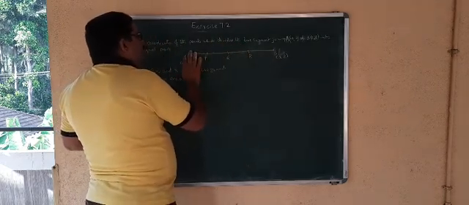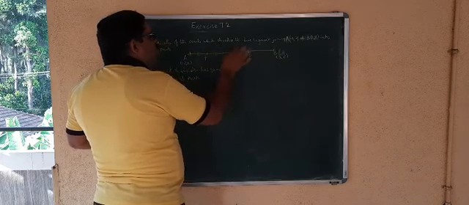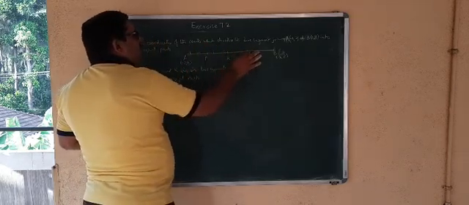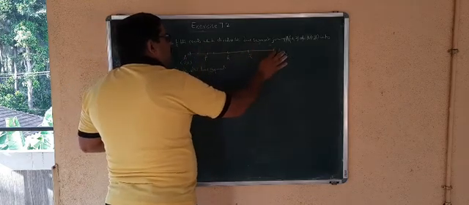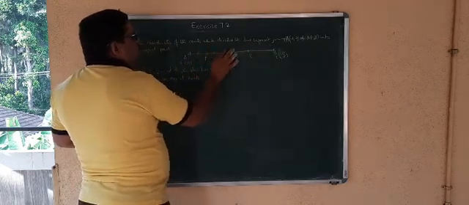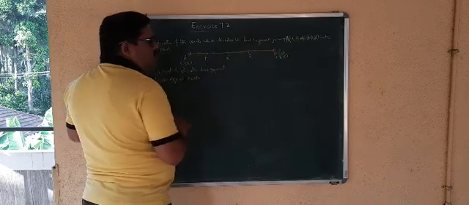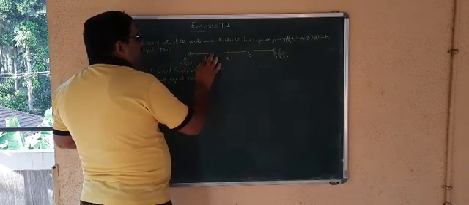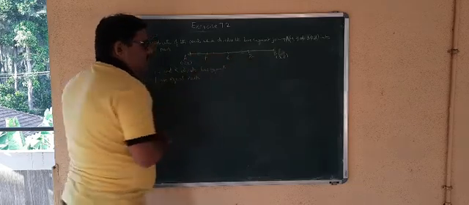Q divides the line segment AB in 2:2. 2:2 means it is a midpoint, and R divides the line segment AB in 1 plus 1 plus 1, that is 3:1. So, by these ratios we can find out the coordinates of P, Q and R.